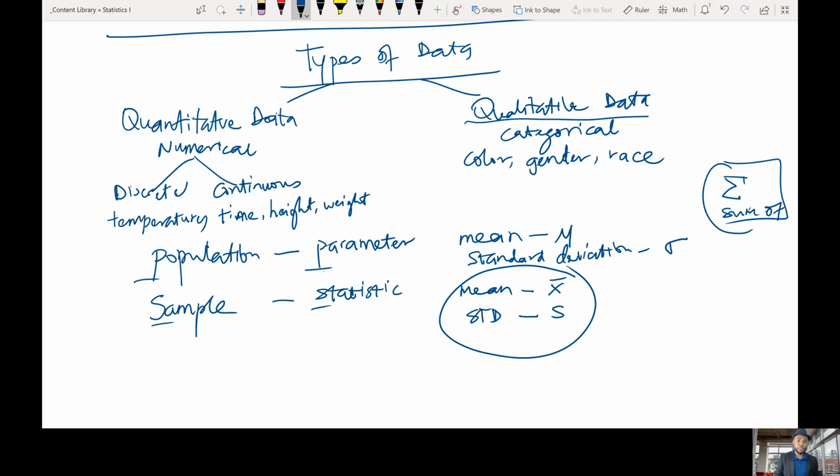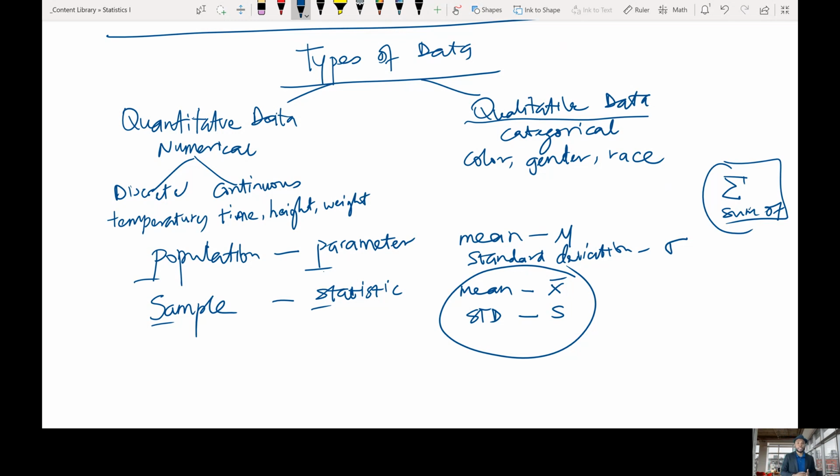So I mentioned that there are two types of quantitative data. We have discrete data and we have continuous data. Now, how would you define discrete data? Discrete data are basically data that are countable or finite. An example of discrete data would be, how many pens do I have? Well, quite a lot. 1, 2, 3, 4, 5, 6. That's discrete data. Now, continuous data are infinite, so it has an infinite number of possibilities.